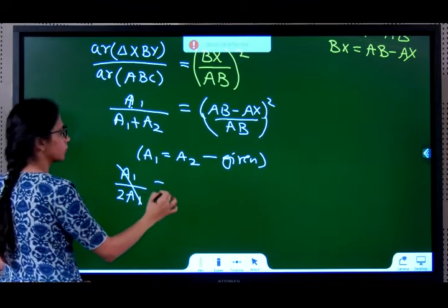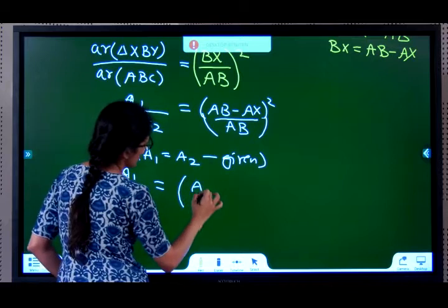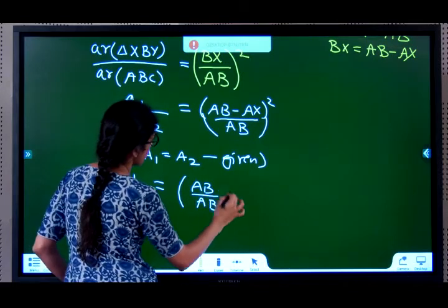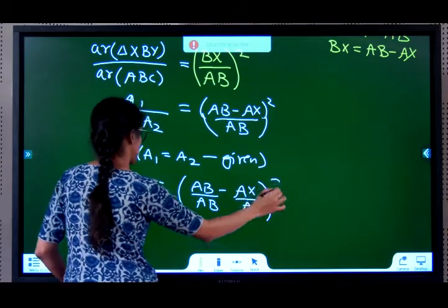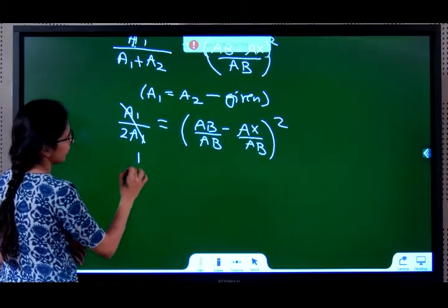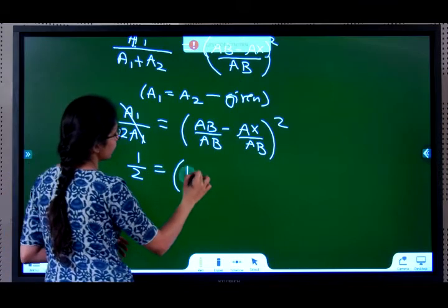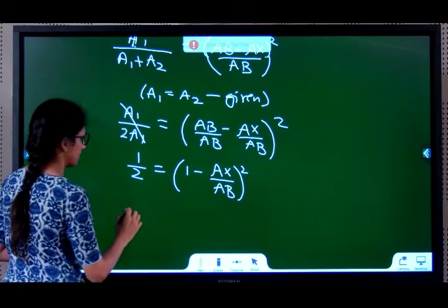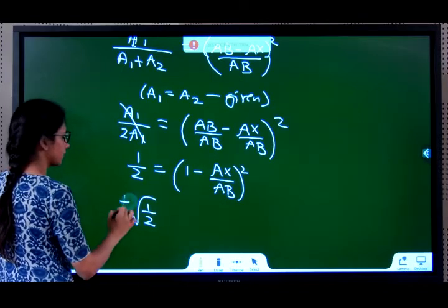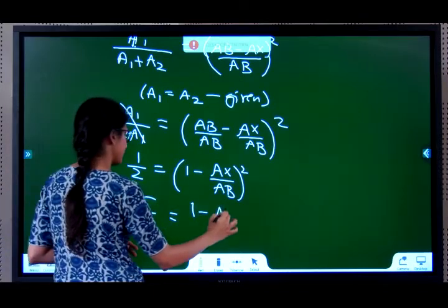Can I cancel these two? And here, split the denominator, AB by AB minus AX by AB square. A1 cancels, 1 by 2 is equal to 1 minus AX by AB whole square. Send the square root that side, plus or minus, 1 minus AX by AB.